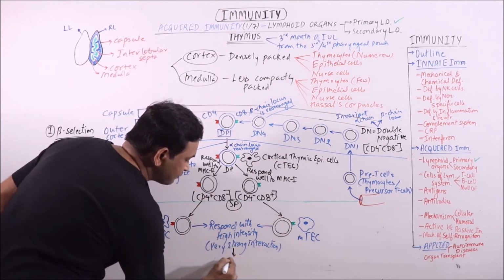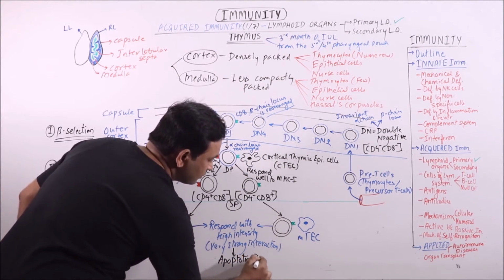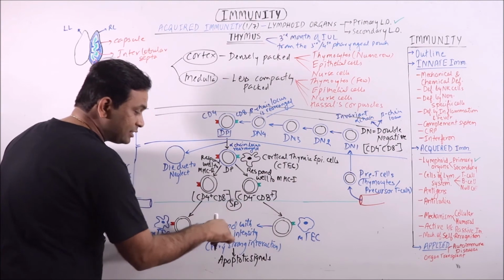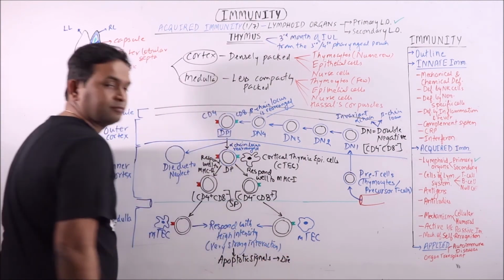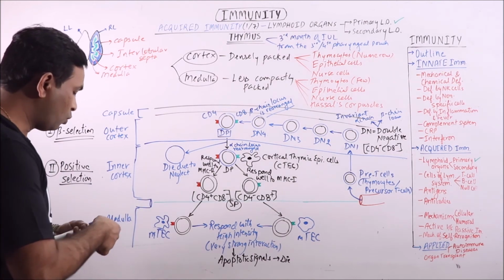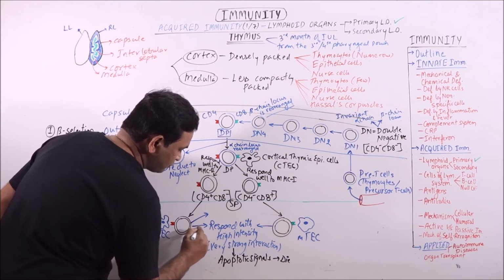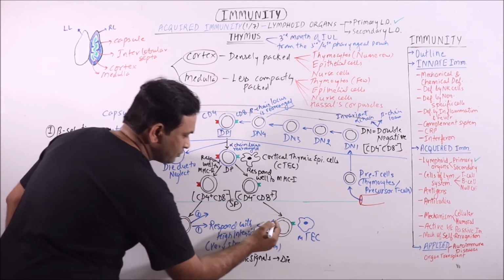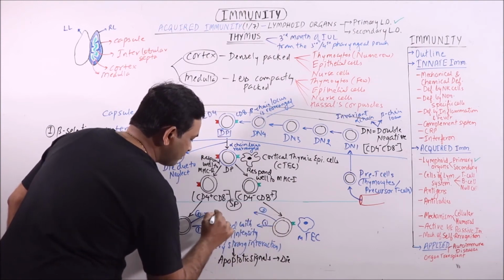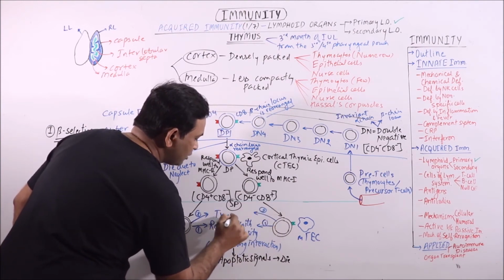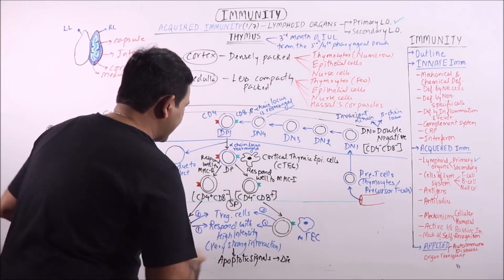So in this case, apoptotic signals are given to these cells and they will die. This is the first fate. Now some of the cells will develop into T regulatory cells. So this is the second fate.